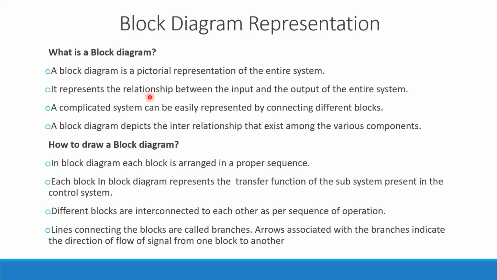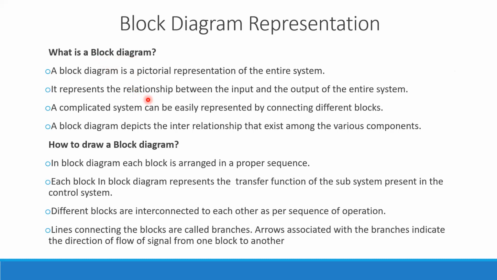Let us consider one example. Say we have a room temperature controller, and this is a complete physical system. This system has input in terms of voltage and gives output in terms of heat. The room heater that some of us use in winter is our physical system, and we represent that system with a block diagram.